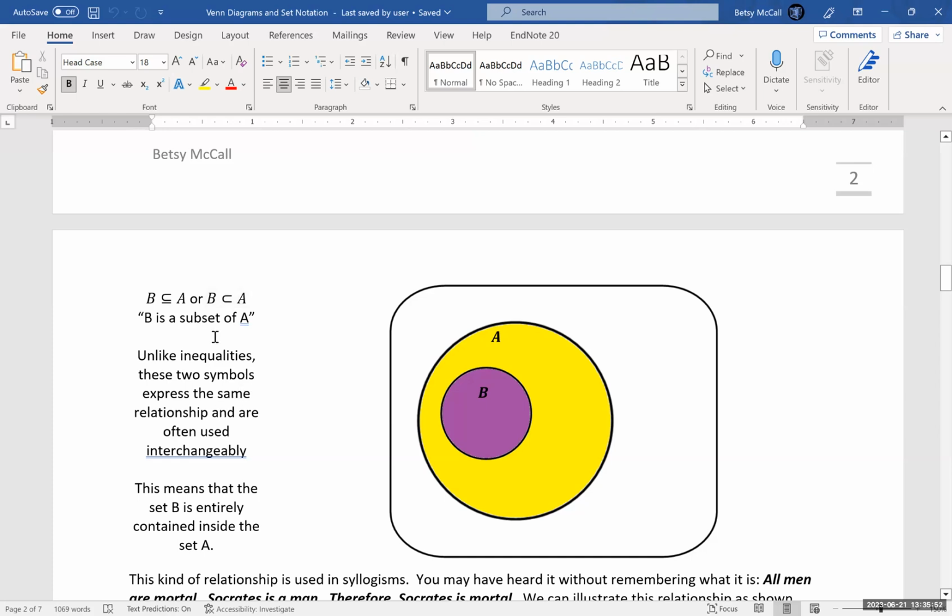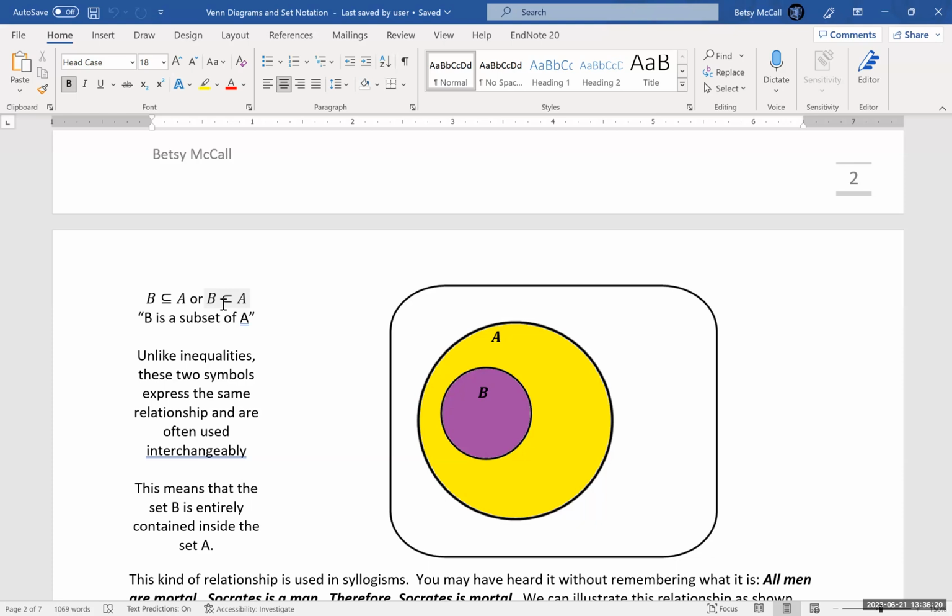If you have a book which distinguishes between these, then B is a subset of A could be equal to A, or B is strictly a subset of A, which means all the elements of A, possibly minus one of them left out. So it's strictly less than A. They're kind of like inequality notations in that sense.